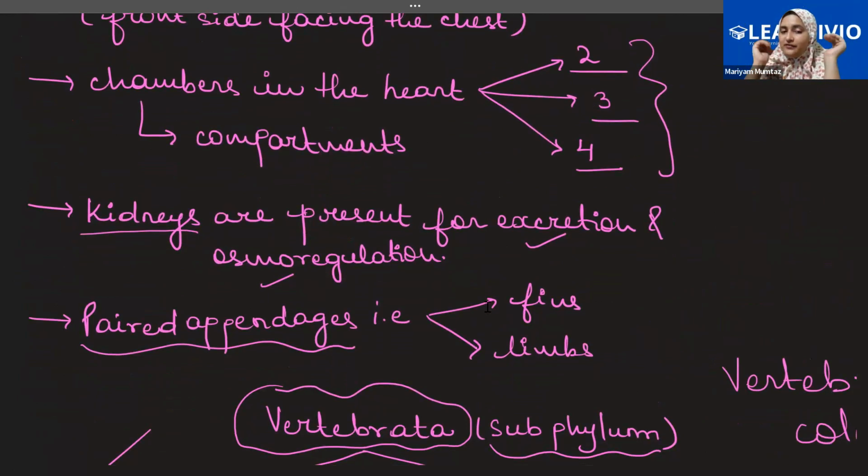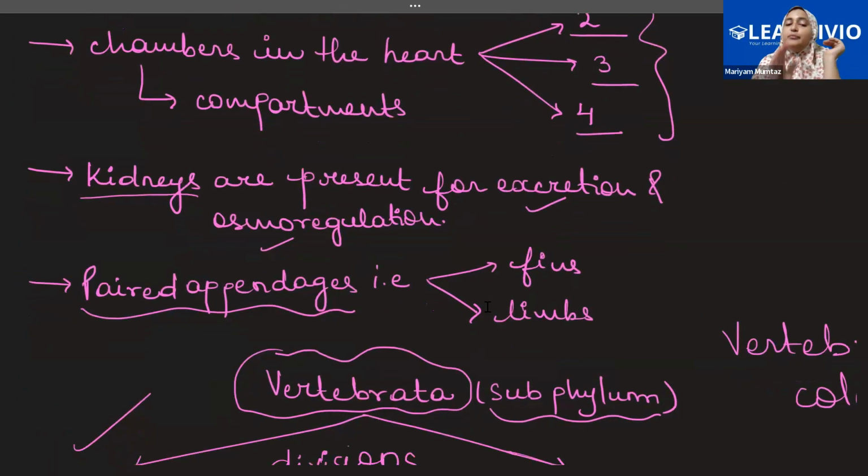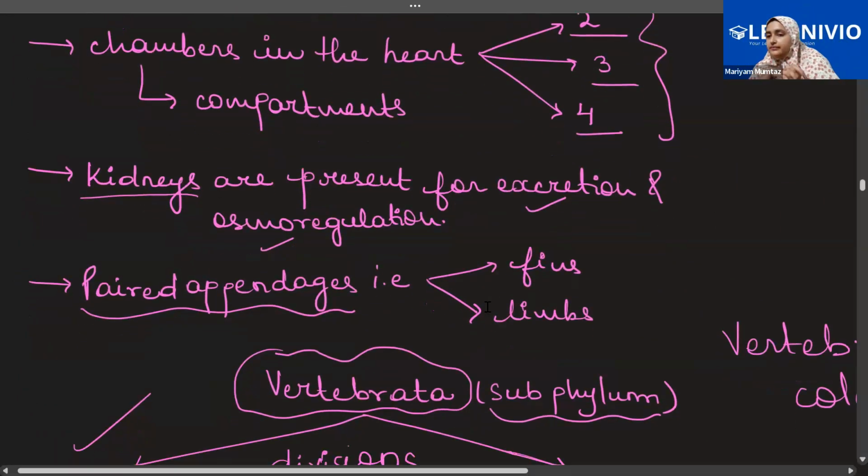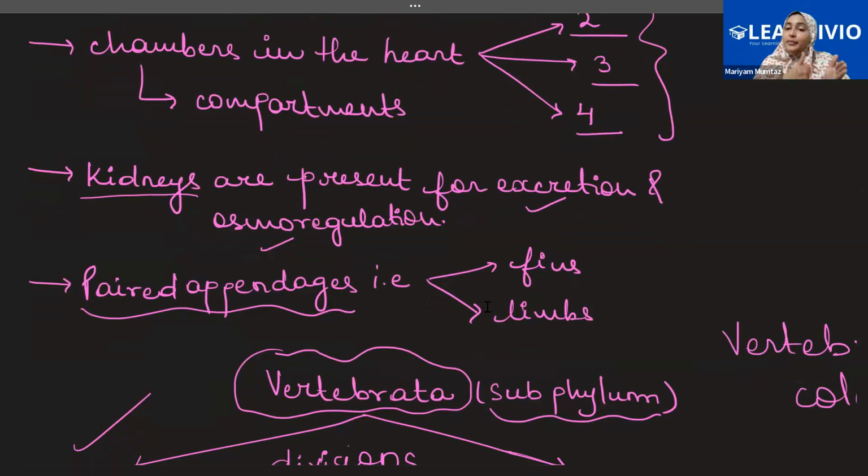Now they have paired appendages. They can either have paired fins, one pair or two pairs, or they can have pairs of limbs like we do, forelimb and hind limb.